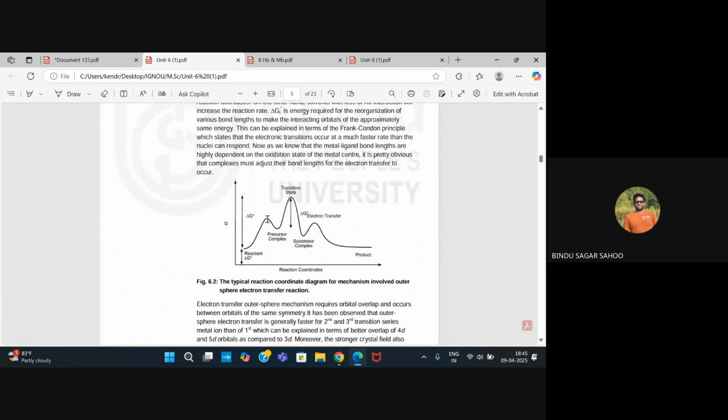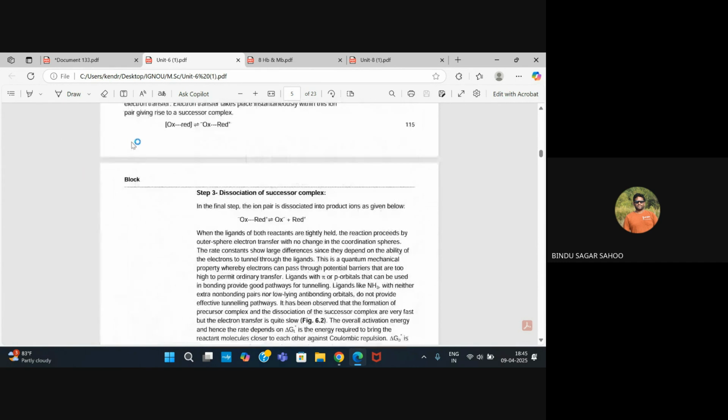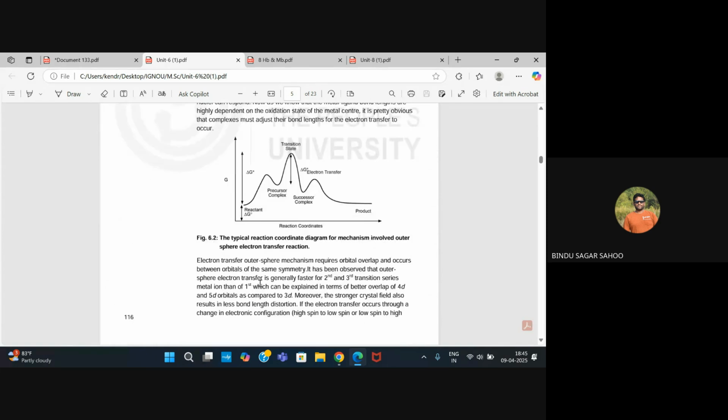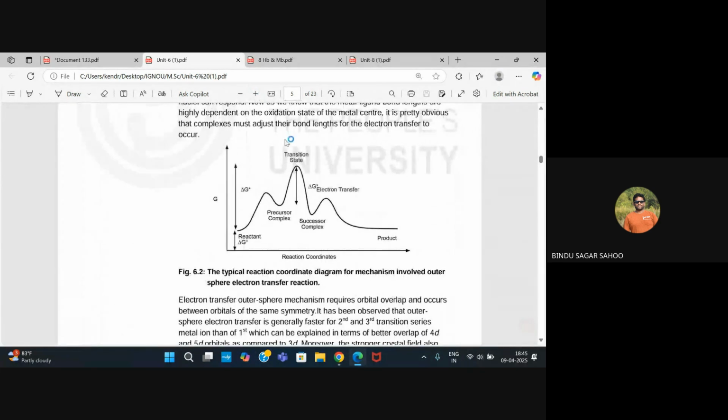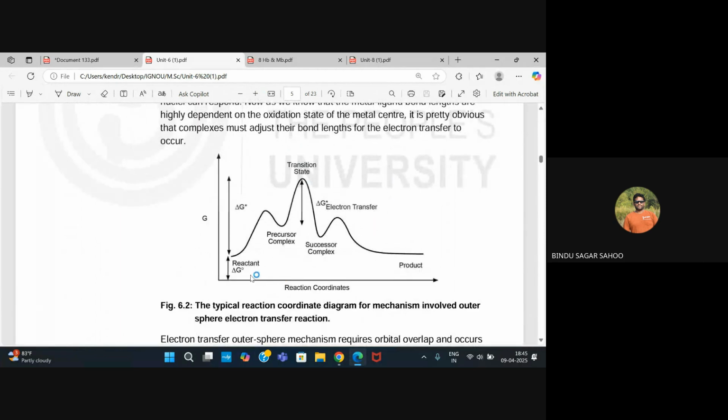And this is the coordinate diagram or energy diagram of this particular reaction process. You can see here, this one will be the reactants energy. It will pass through a transition state to form a precursor complex.